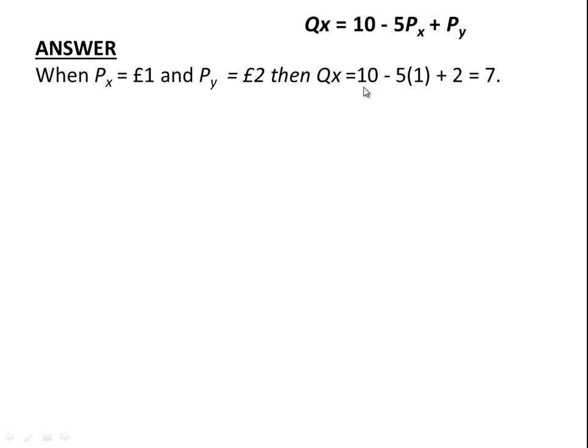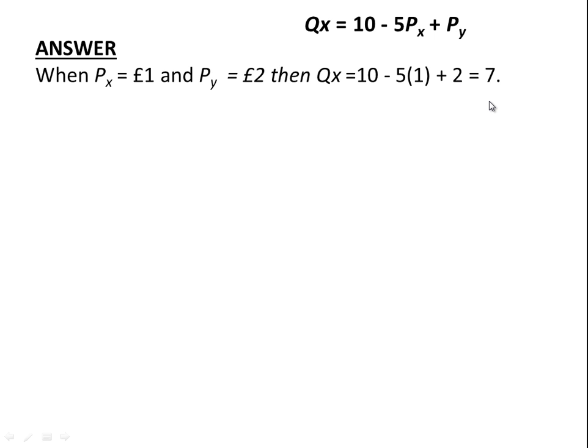Qx, the quantity demanded of X, equals 10 minus 5 times 1, the value of Px, plus 1, although we haven't got a 1 in front of it, times the value of Py, which is 2. So we've got 10 minus 5 plus 2, which is equal to 7.